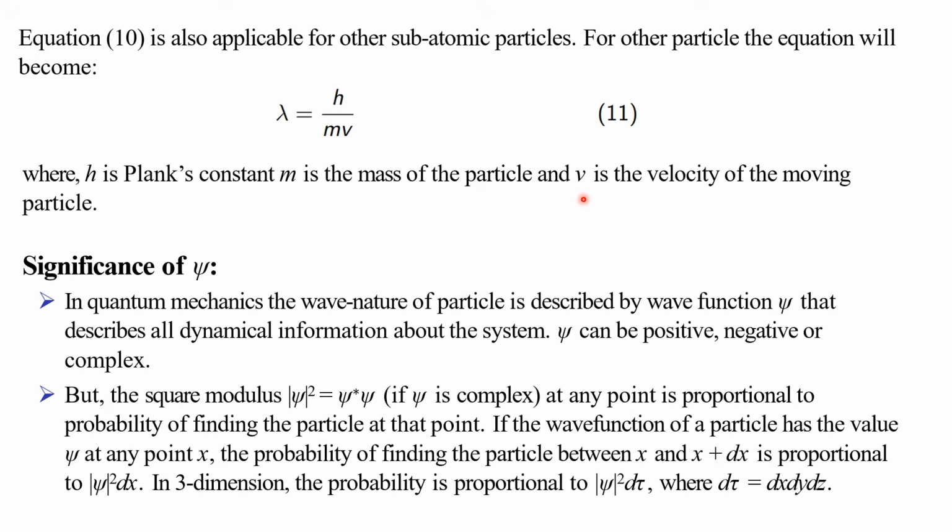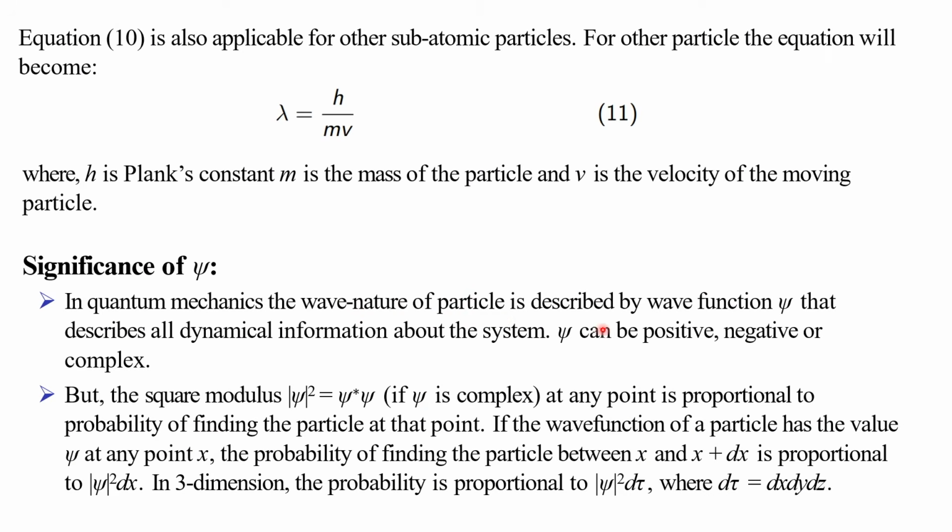Okay, next we discussed the wave function psi. What is the significance of the wave function psi? In quantum mechanics, the wave nature of particles is described by the wave function psi that describes all dynamical information about the system. Psi can be positive, negative or complex, but the square modulus, psi star psi if psi is complex, at any point is proportional to the probability of finding the particle at that point.